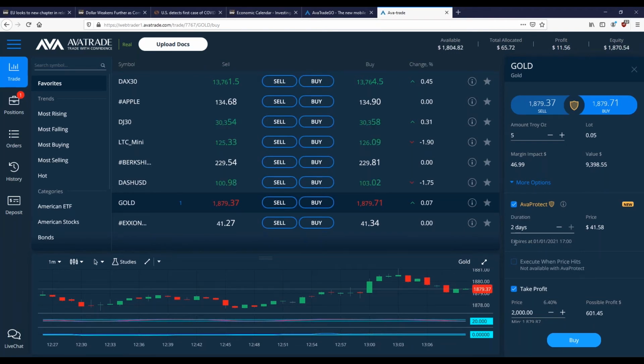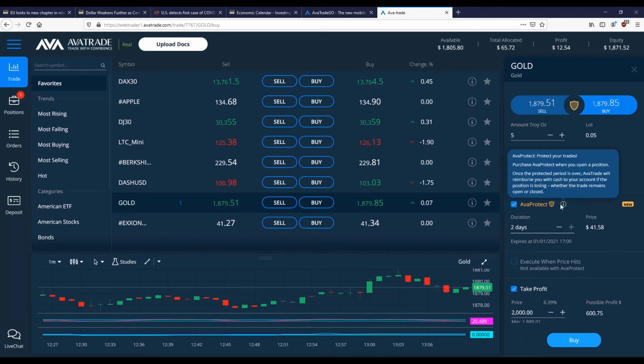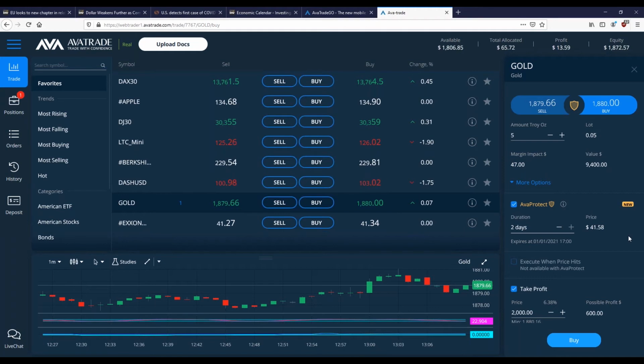When the coverage expires, whatever negative floating is there would be added back to my account, and then I could add a stop loss if I wanted to. So it's a very nice feature for managing risk. I don't think it's right in every circumstance, but if you expect a lot of volatility and you think, wow, it could go flying the right way, in which case you keep all your profits, or you think also if the news breaks the wrong way, if the fundamental news, you know, that type of unexpected headline hits, you're covered for that time period, no matter how much it might go the wrong way.